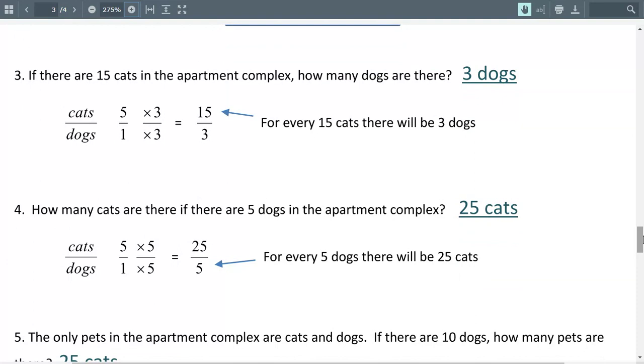That means that if there's 5 cats to 1 dog, I need to change the top term into 15. How would I change 5 to 15? By multiplying by 3. Now, if I multiply the top term by 3, you multiply the bottom term by 3. That means for every 15 cats, there's going to be 3 dogs.